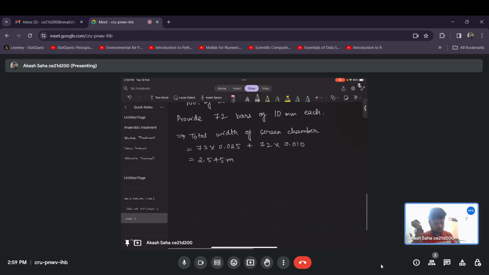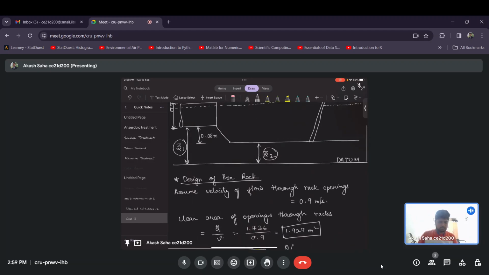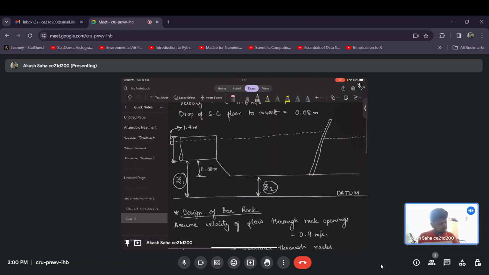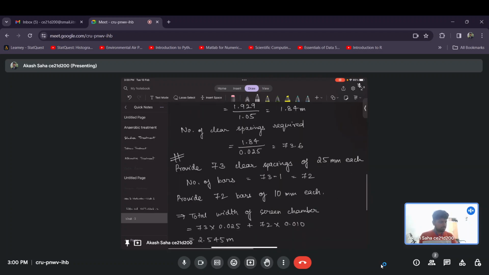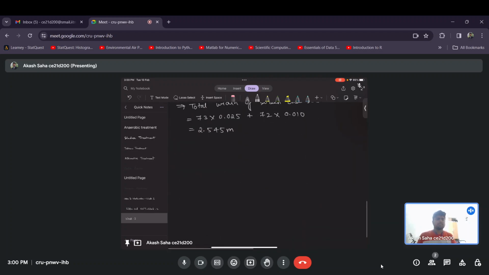Just before that, suppose this is my section 1 and this is my section 2. I'm taking two sections: section 1 at the sewer pipe and section 2 before my screen chamber.